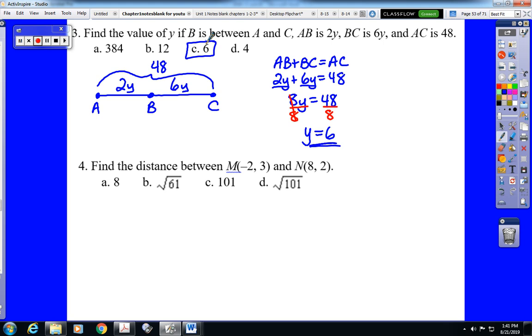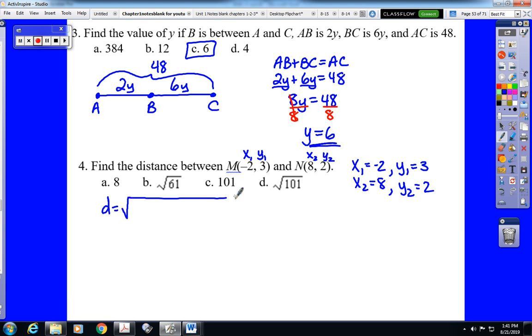Number 4 asks for the distance between points M and N. This is going to be the distance formula. We have x1, y1, x2, and y2. So x1 is negative 2, y1 is 3, x2 is 8, y2 is 2. We're going to use the distance formula, which will be provided to you on a reference sheet, and plug in those 4 values.